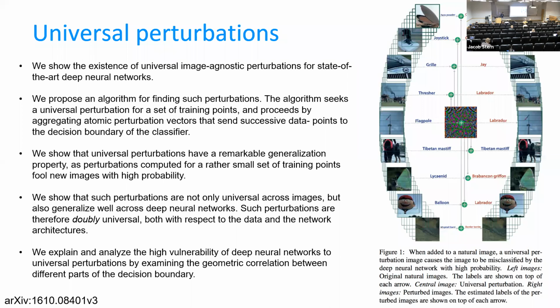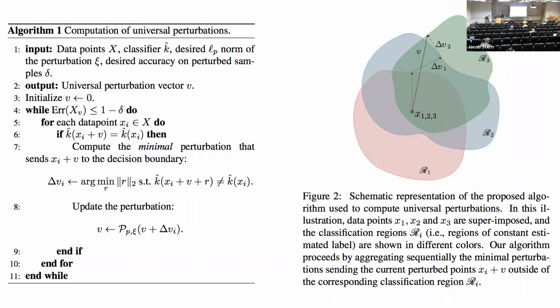Okay, so we're going to talk now about another algorithm for designing perturbations, and this is called a universal perturbation. Basically, the objective function is exactly the same, except we are taking the expectation across all data instances. So the idea is that we want to design a perturbation that will cause not just one image to be classified incorrectly, but any image to be classified incorrectly.